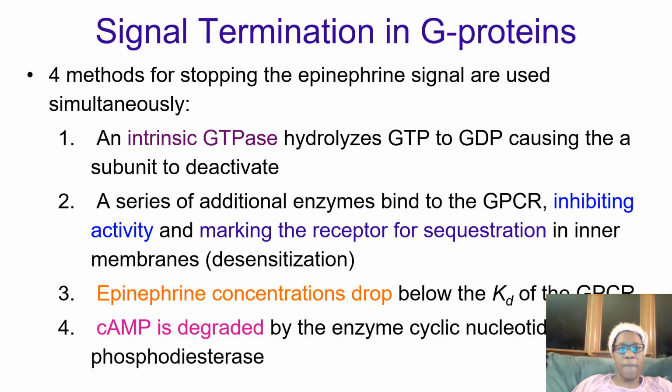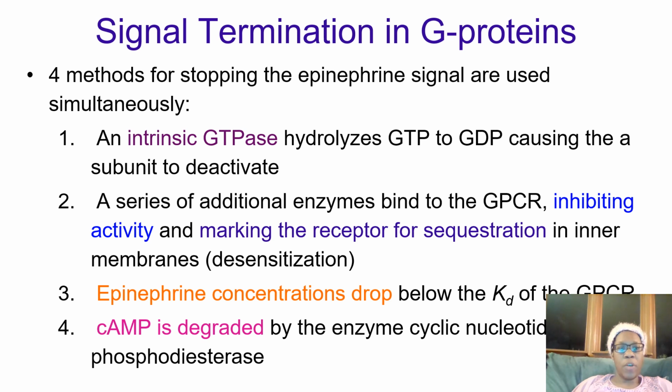We just saw the fourth way of stopping the epinephrine signal: the cAMP molecule, the second messenger, is degraded by the enzyme cyclic nucleotide phosphodiesterase. Make sure you are familiar with these 4 methods of stopping the epinephrine signal.